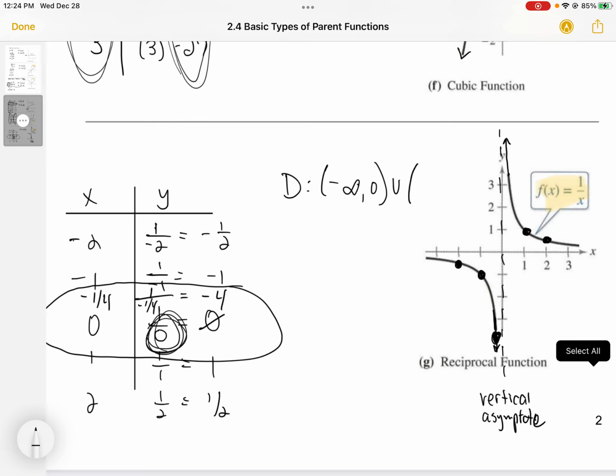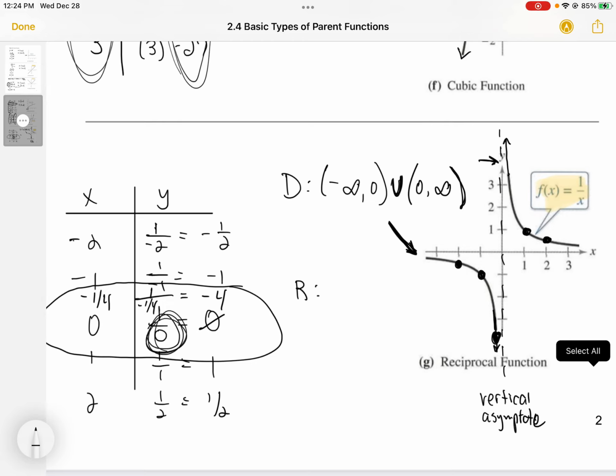That domain describes the left portion of the graph. And then from 0 to infinity describes the right portion of the graph. And we combine those with this union symbol. Basically that says all real numbers except 0. Complicated way of writing it.